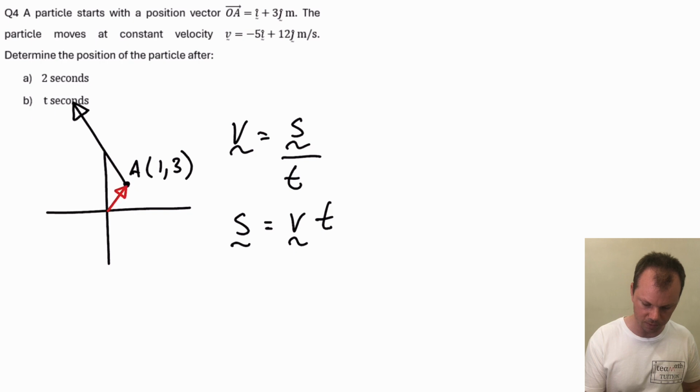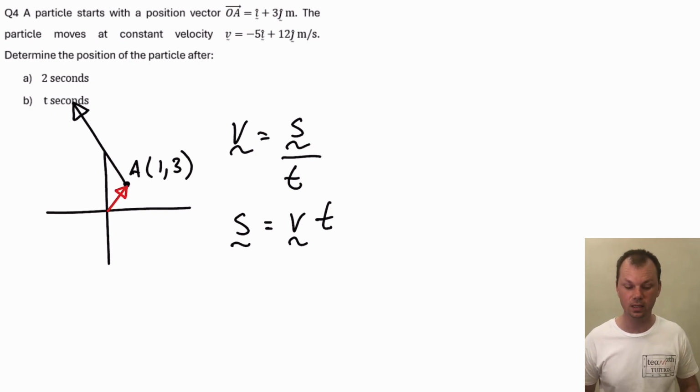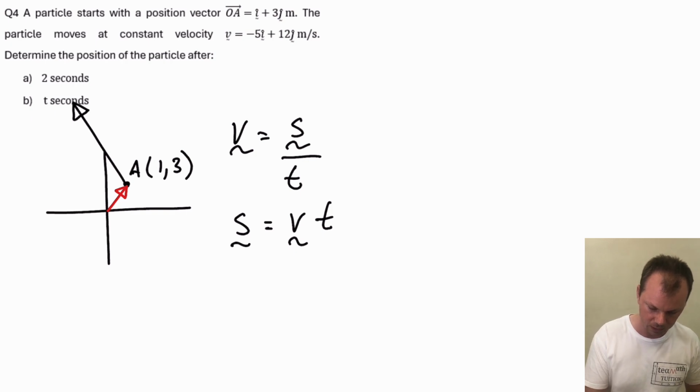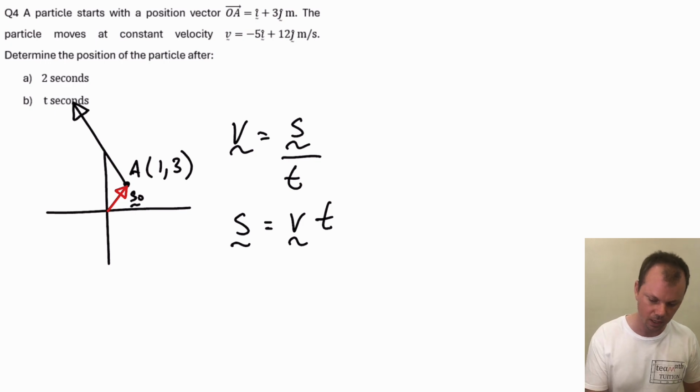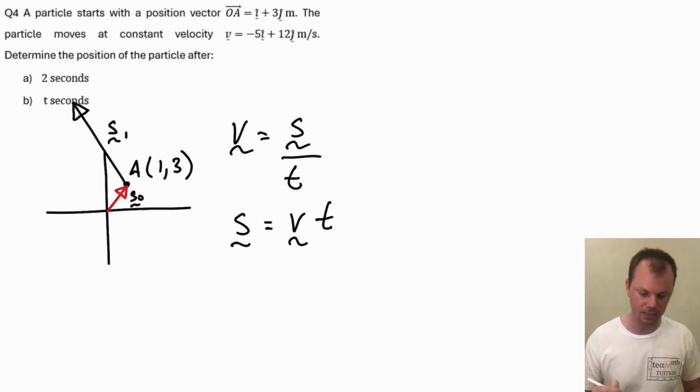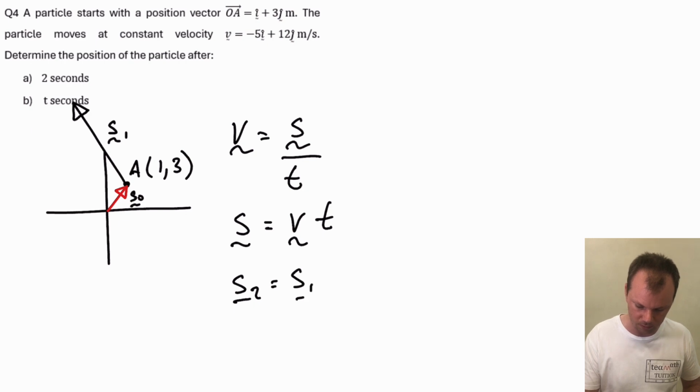We've got a displacement to get us to the original position. Even though it says we start there, we could visualize moving there. And then we're moving to our end spot. So this is S0, my initial displacement. And this is my next displacement, and I can say S2, which is where I end up, equals S1 plus S0.